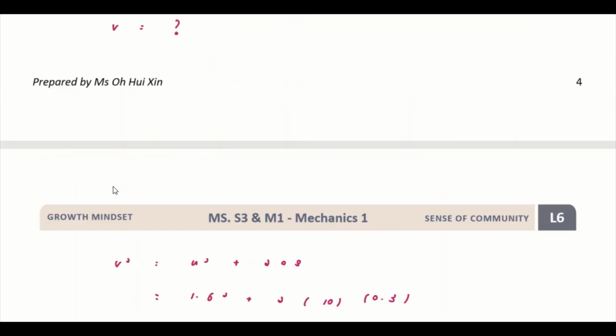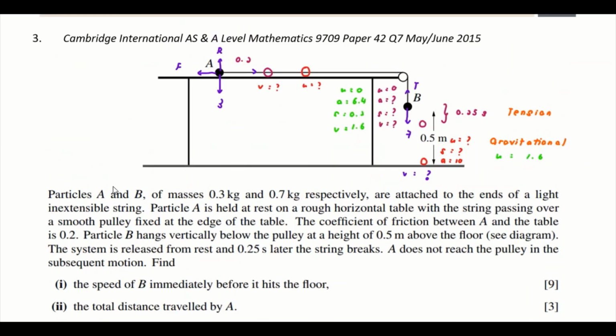For this stage, like what I mentioned just now, the only force exerted on this particle is friction, because the string breaks already, so there's no more tension. The friction opposes the motion of this particle. So that's why it's going to be negative friction equal to ma.